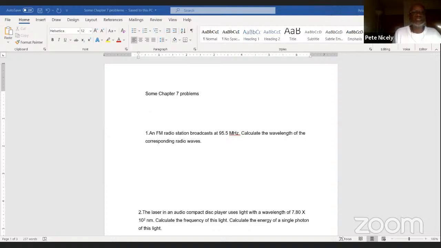So h is 6.63 times 10 to the -34 joules second, multiplied by 3.0 times 10 to the 10 seconds to the -1. And let's see what this gives. So 3.0 times 10 to the 10 multiplied by 6.63 times 10 to the -34.